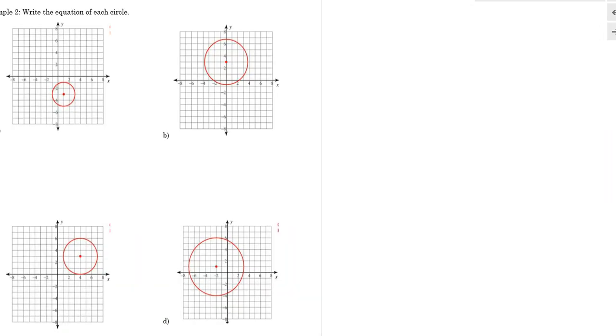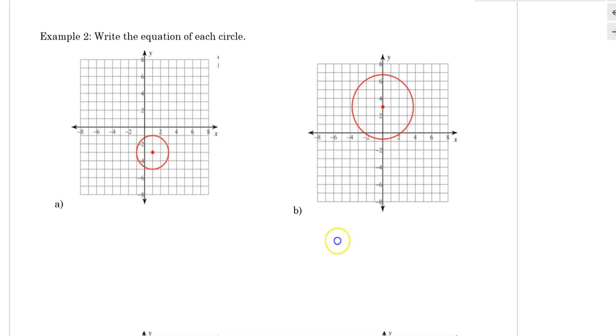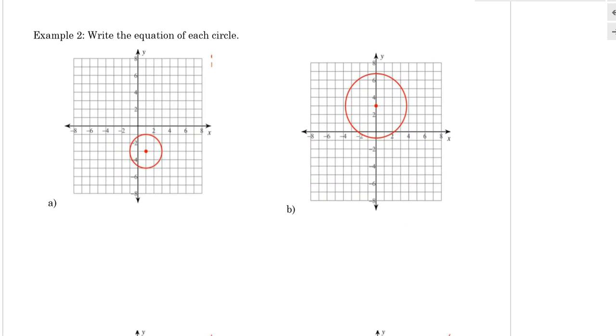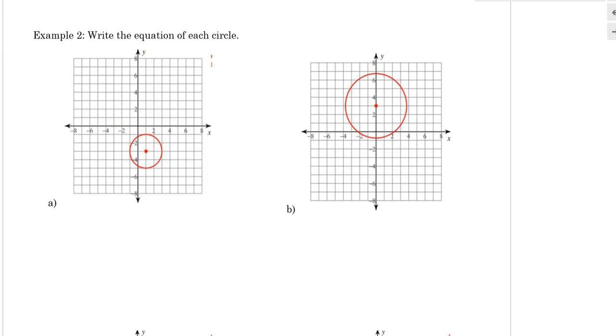We are now going to look at, if I'm given the drawing of a circle, can we write the equation? Okay. So, looking at our first one, again, we're just kind of working backwards. So now I want to know what's the center.